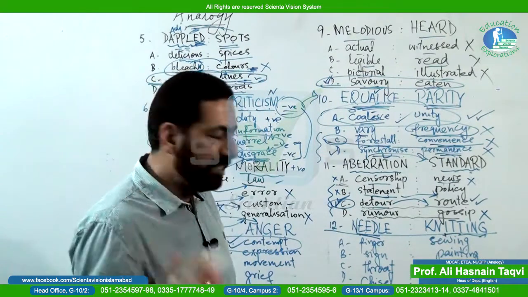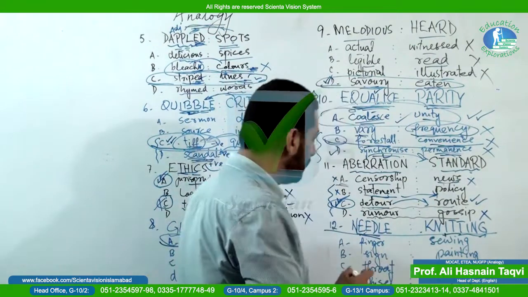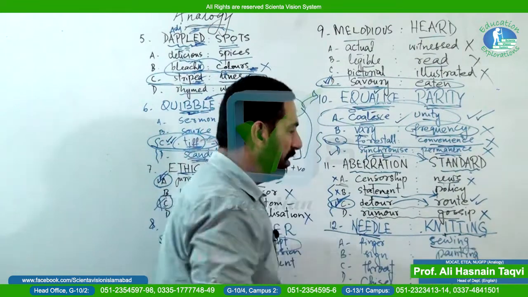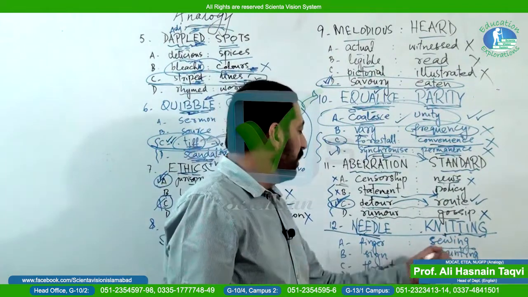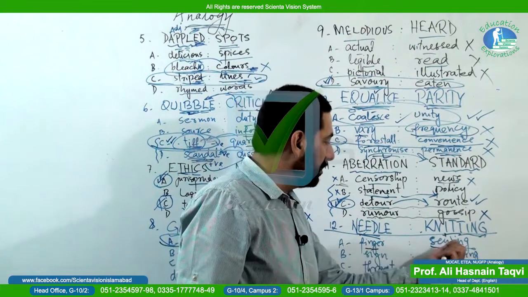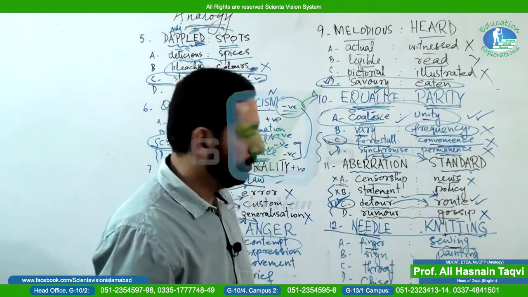Now if we have this sentence, needle is used for knitting. See, the problem with us is finger is used for sewing. Anyways, pronunciation is a different domain. This seems to be a sort of thing that is used for something that is mentioned in the second option.